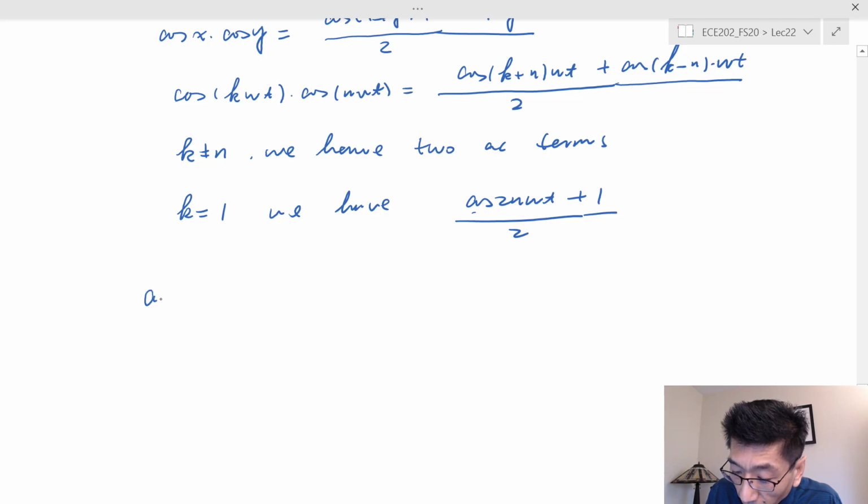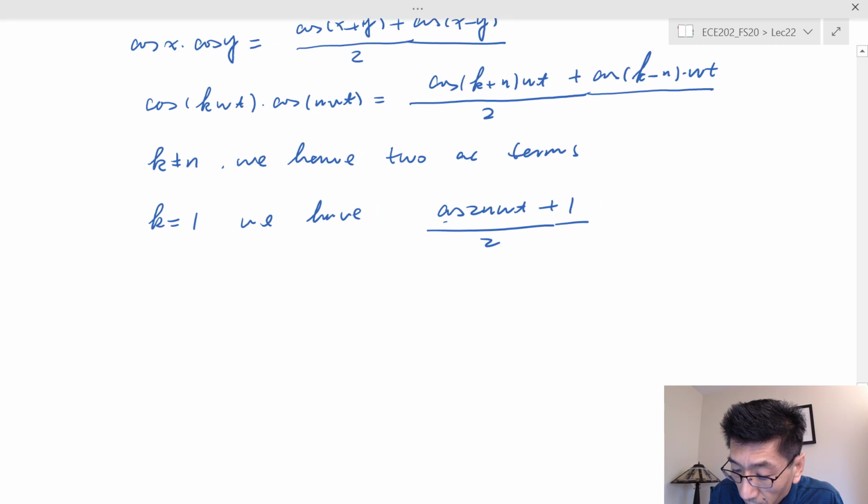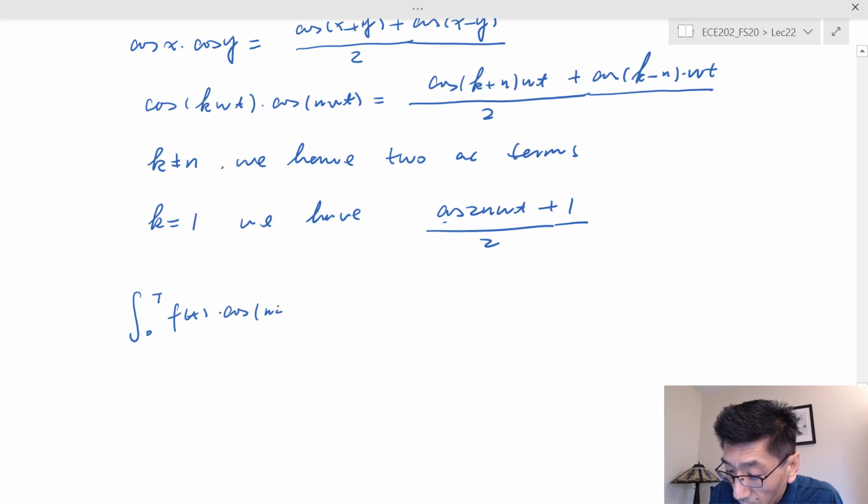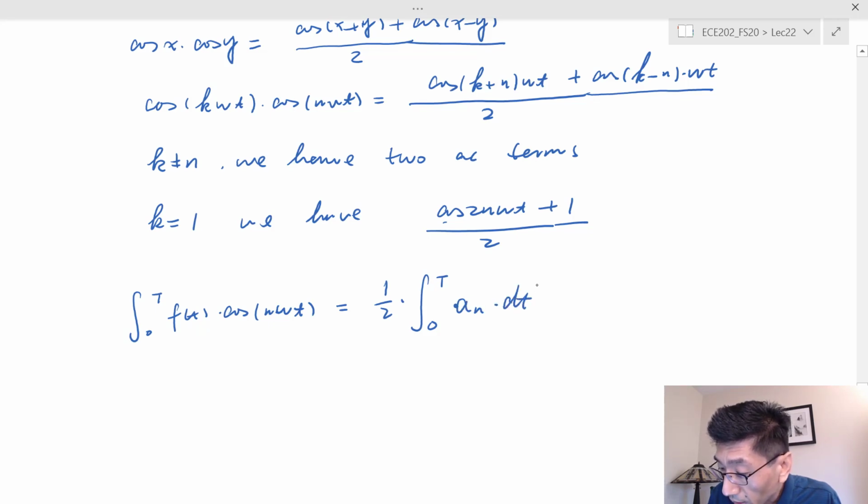So therefore a sub n: the integral from 0 to T of f(t) times cosine n omega t is equal to one half T times a sub n.